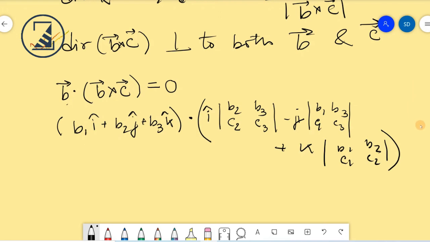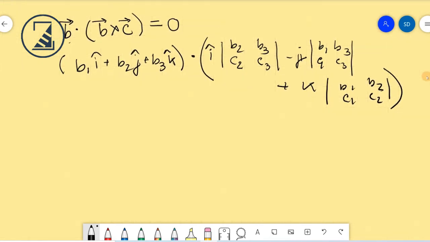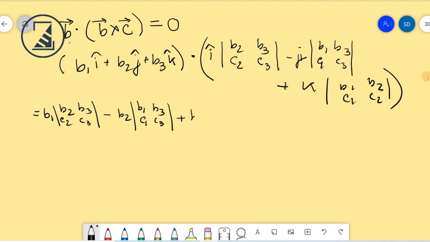Now let's do the calculation. This is B1 multiplied by the determinant B2 B3 C2 C3, minus B2 multiplied by the determinant B1 B3 C1 C3, and plus B3 multiplied by the determinant B1 B2 C1 C2.